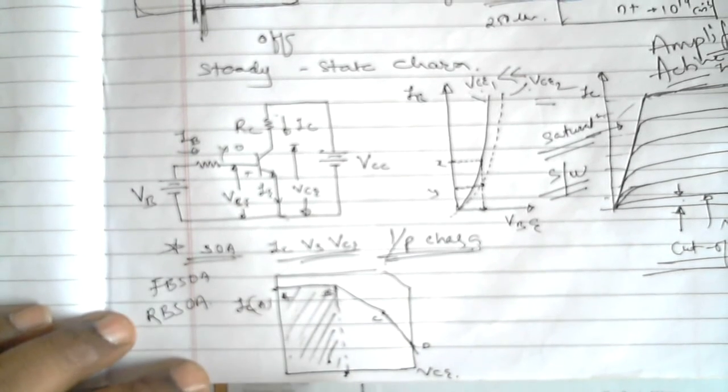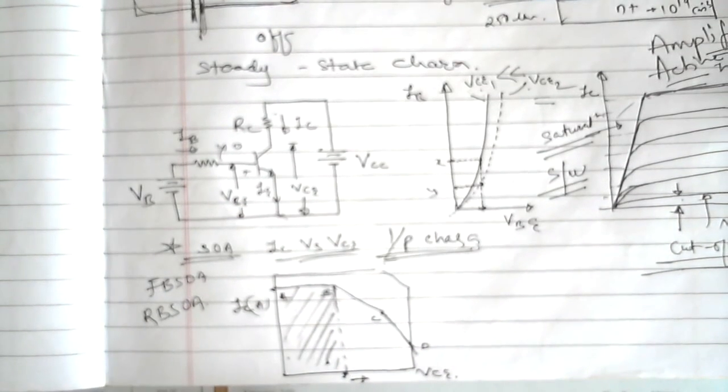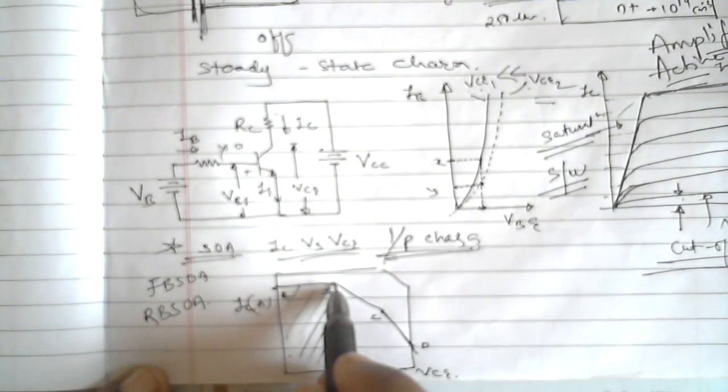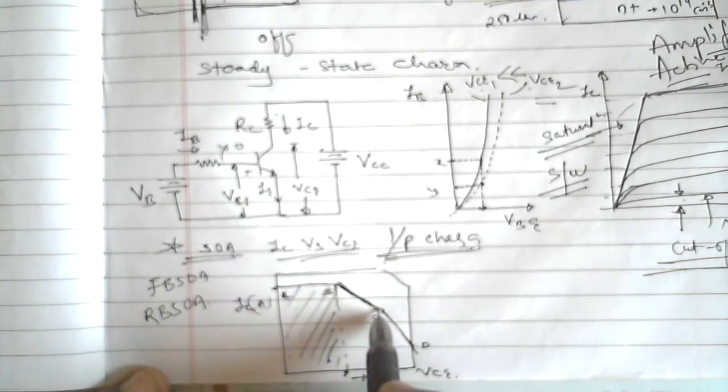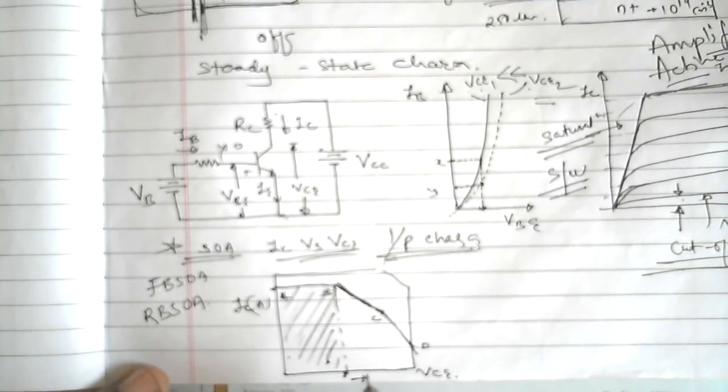Now, if you want to further increase the collector emitter voltage, then obviously the collector current should be reduced. One parameter should be reduced in order to keep power constant.